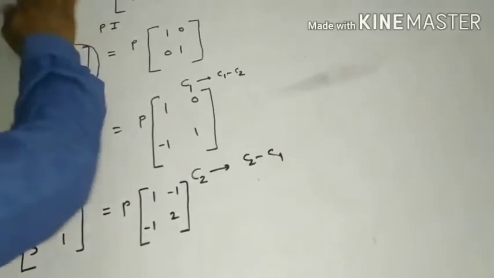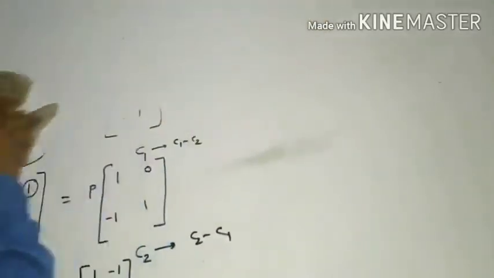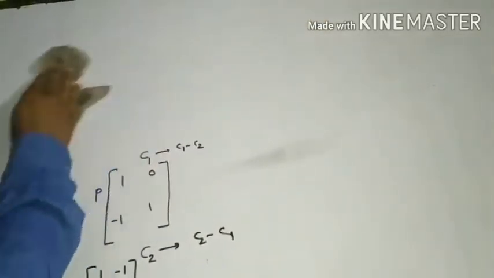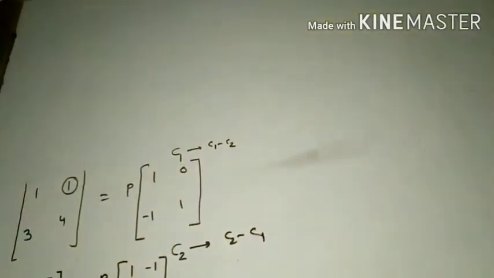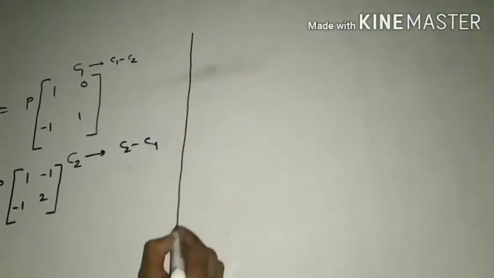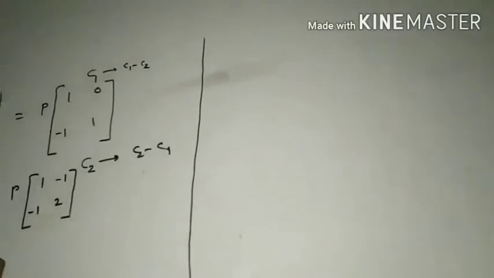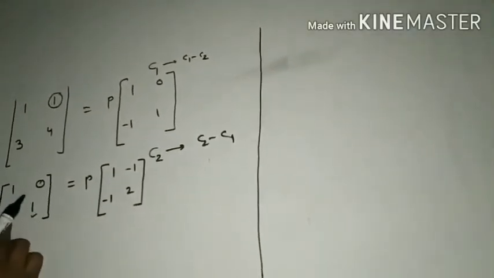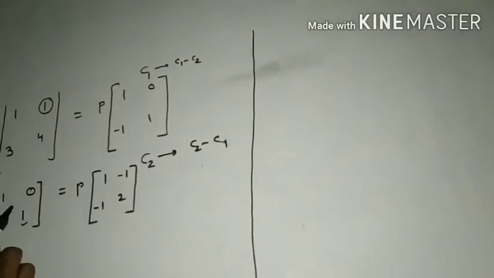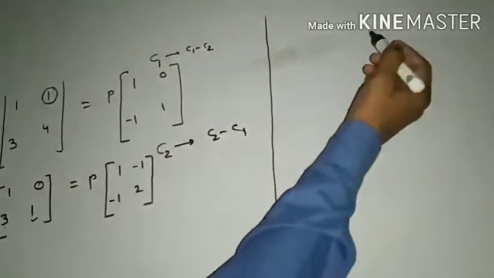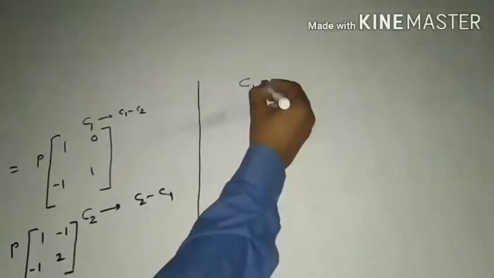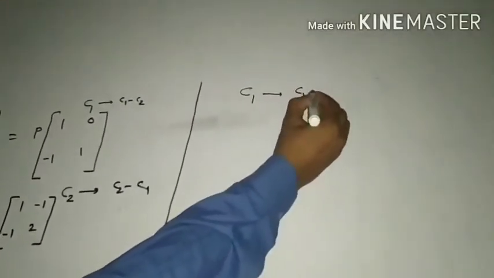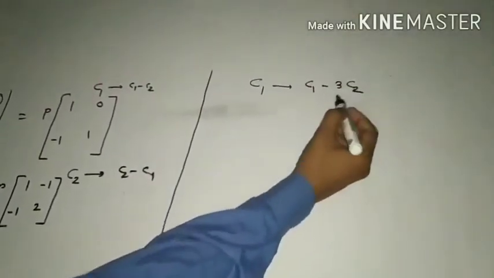After that you have to see here this is 1, so there is no problem, but here 3 is given, so that 3 is to be replaced by 0. So we are going to apply this column operation, in C1 we want to do C1 minus 3 C2.